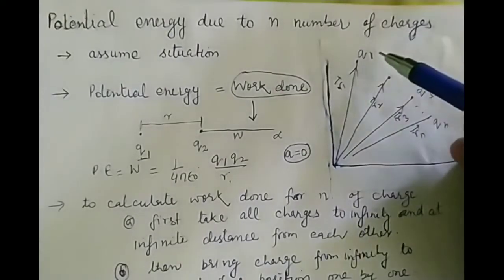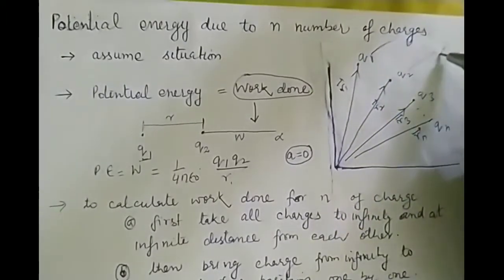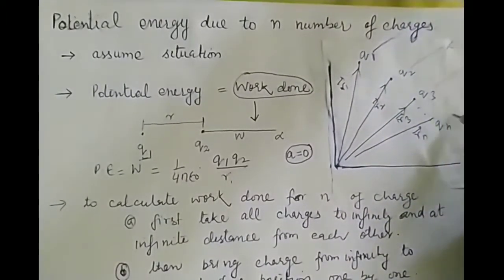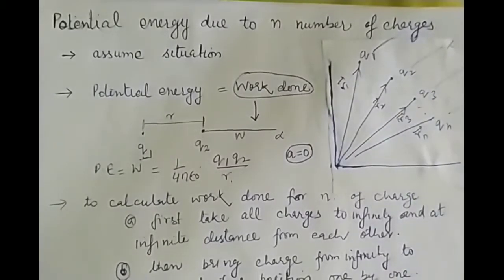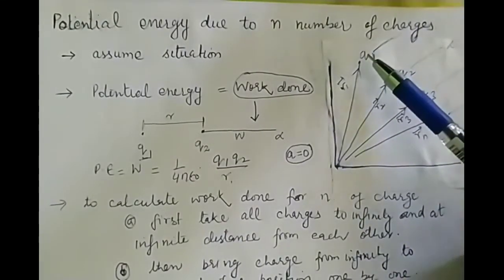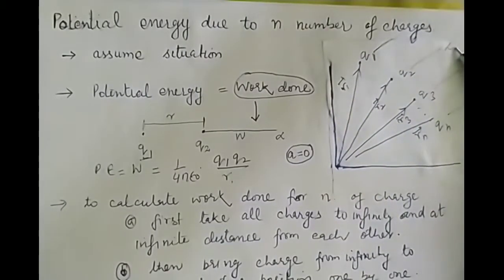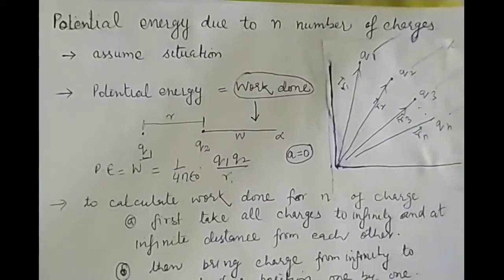Means I am taking this charged particle to infinity, this also to infinity, this to infinity and this charged particle also to infinity. Now in the second step I am bringing this charged particle from infinity to its respective position. Then the second one from infinity to its respective position, and so on.